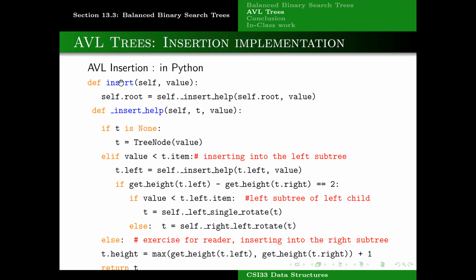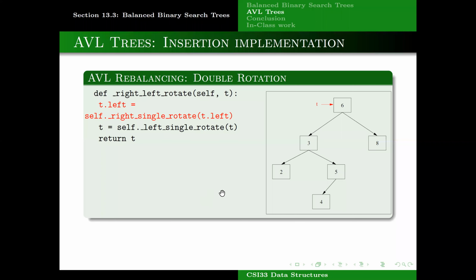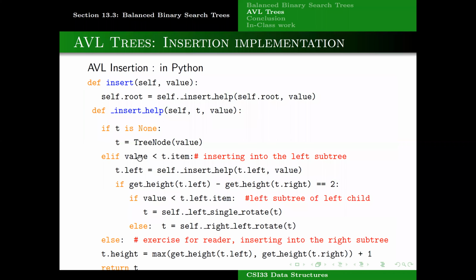It's doing the insertion and it's using a helper method, which is recursive, right? Now, let's go over it, but then we will see the demonstration of it on the example. So it will help us to understand what's going on. So we start with inserting a value, and we immediately call the helper method and then pay attention to this info.